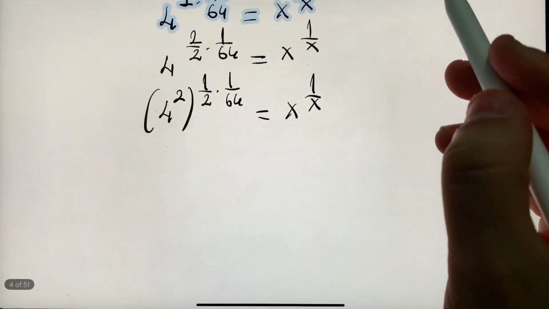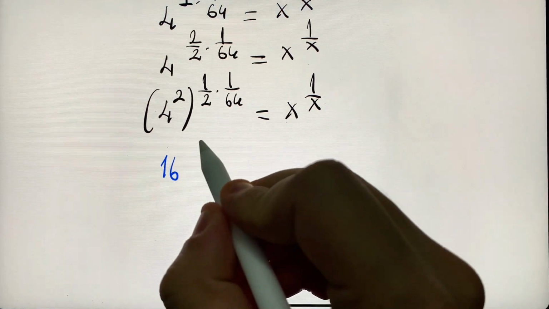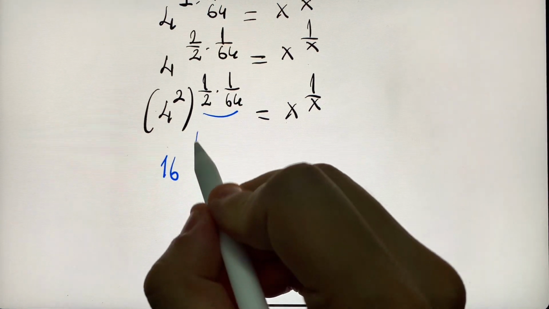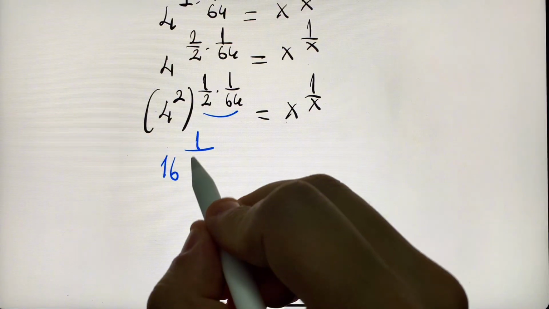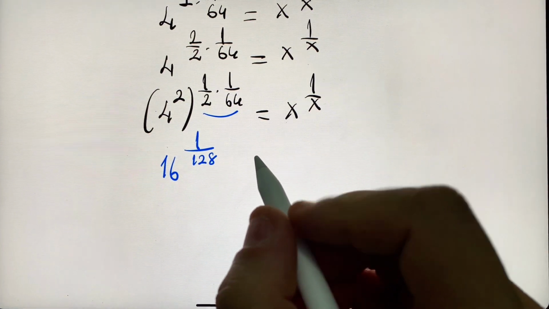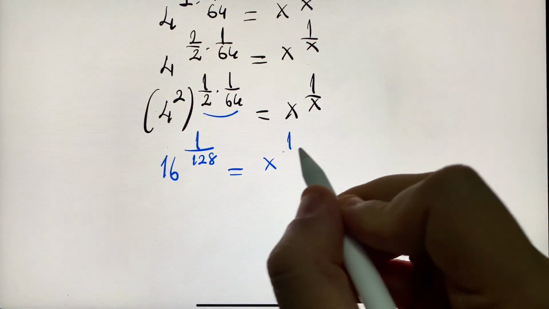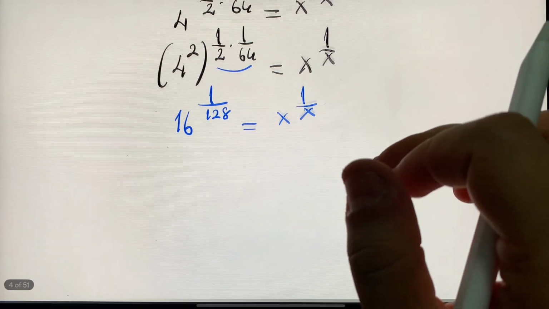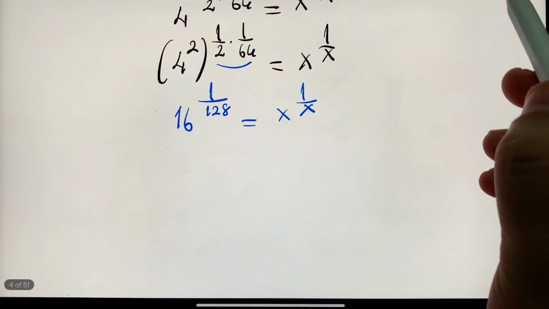What will happen if we edit this expression? 16 when we multiply these two. 16 to the 1/128 equals x to the 1 over x. Look, I still haven't caught it. So I'm continuing this process again.